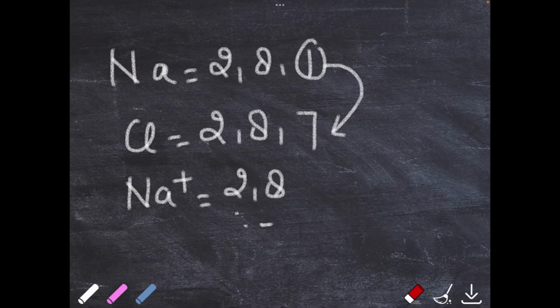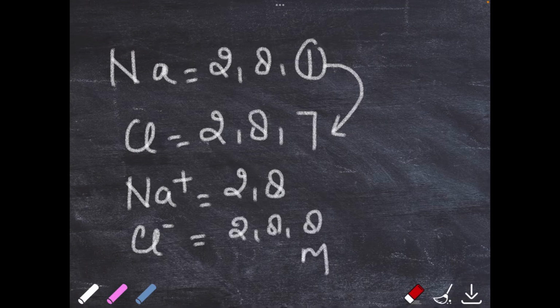Its L shell octet will be complete. And chlorine, after having received one electron, will convert into a negative ion, and its octet will also be complete. This is the K shell, this is the L shell, and this is the M shell. So in the M shell, which is the outermost shell, its octet will be complete.